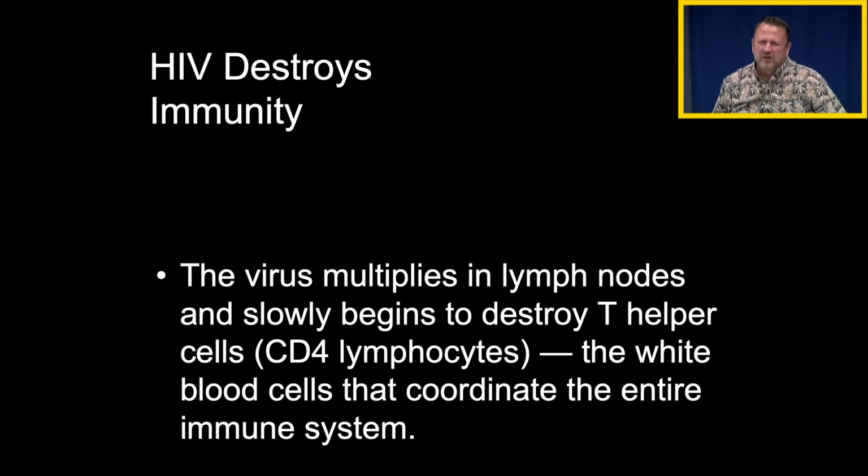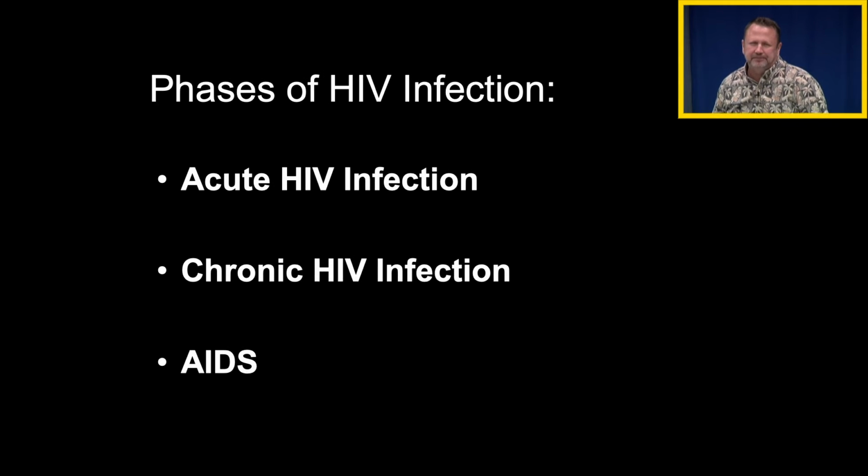Well, HIV goes into the coordinator of the cellular immune system, the CD4 lymphocytes, and damages them and destroys them. And so this is main problem with treating HIV right here and coming up with an immunization. All right.